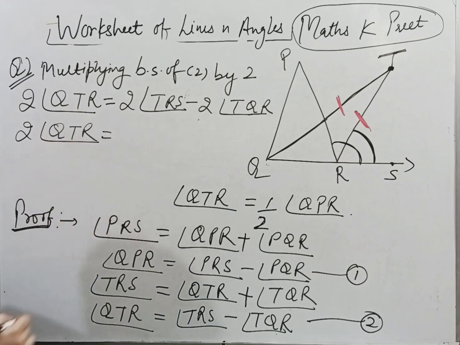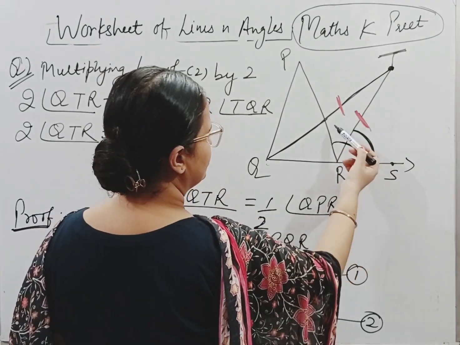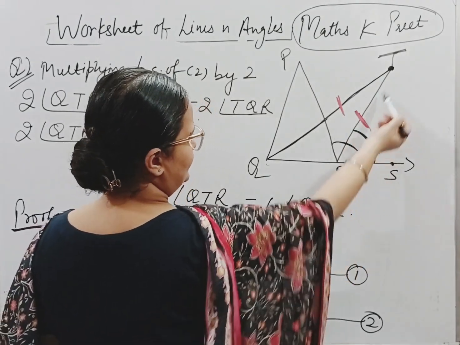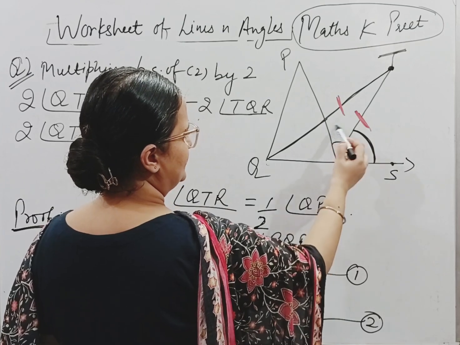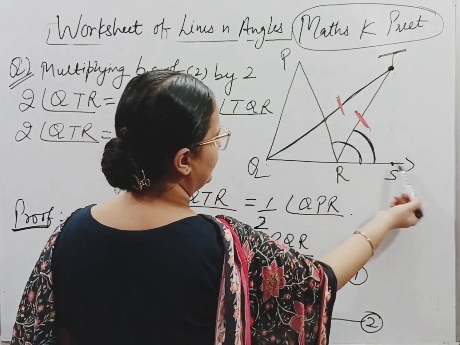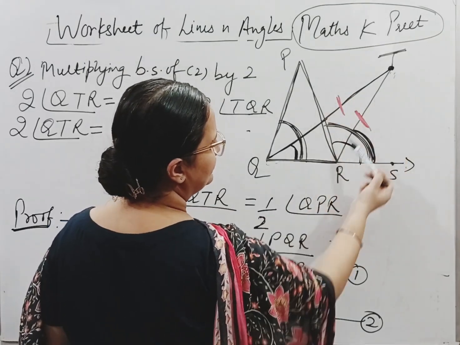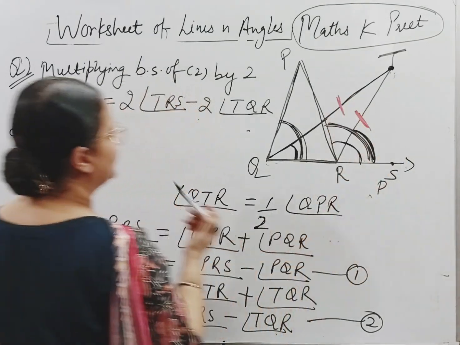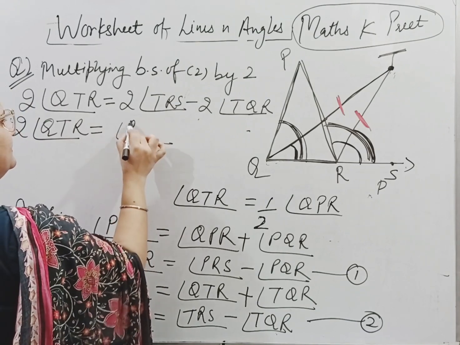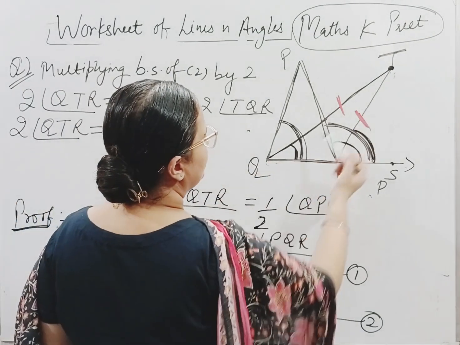Now 2 times TRS, this is acting as a bisector of this complete angle. Now 2 times TRS can be written as PRS because RT is the angle bisector of this angle. If I take 2 times TRS, that will equal angle PRS. So I can write this as PRS minus 2 times TQR.